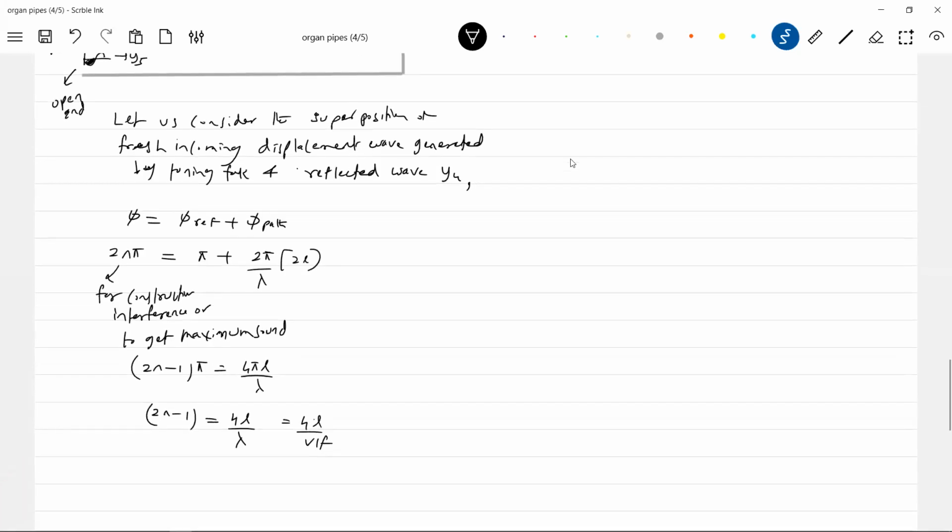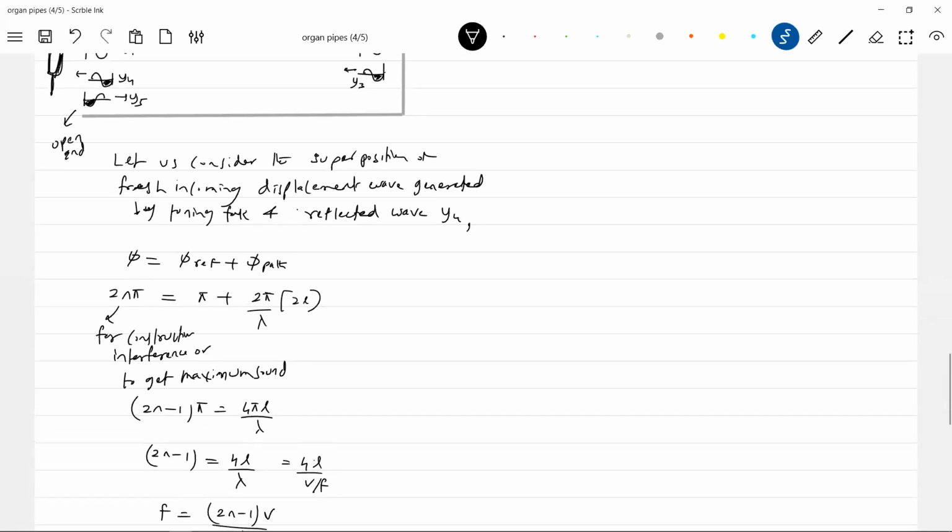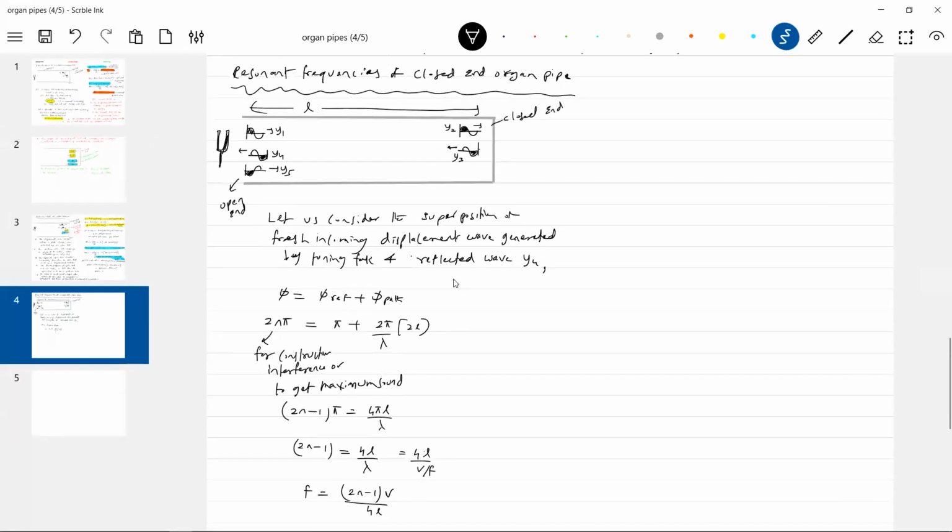So what is the expression for resonant frequency? F equal to 2n minus 1 V by 4L. What are the possible values of n? Okay, let's go for resonant frequency. I'm using the word resonance. Recollect the standing waves.